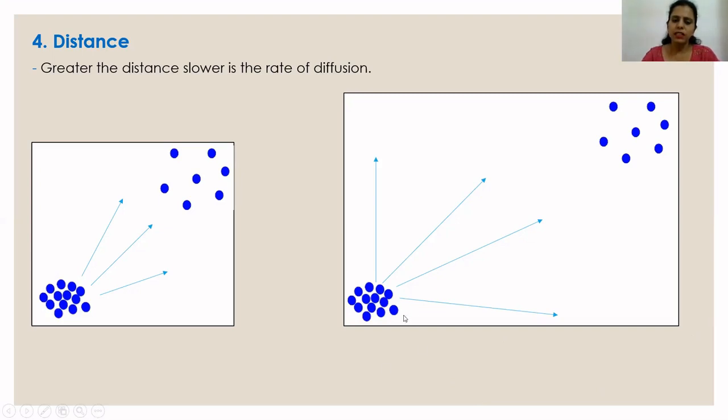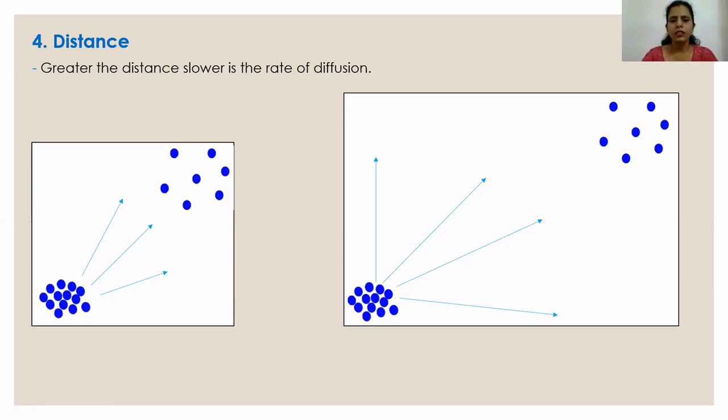So these particles move randomly and they might get deviated from their original path or original direction, and they move here and there, and they might not reach the actual region of lower concentration. So remember this, if distance is more, the rate of diffusion will be slower, and if distance is less, the rate of diffusion will be faster.